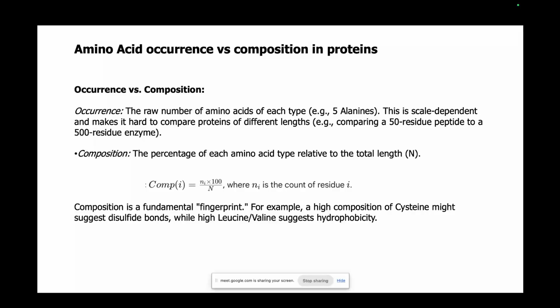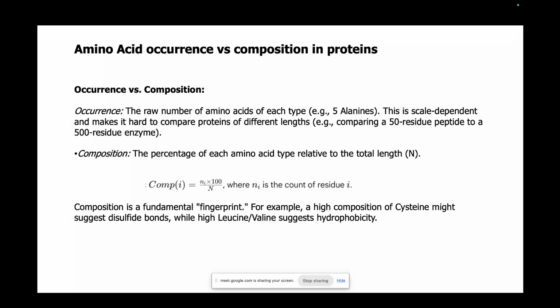So, for example, if the protein has a length of 200 polypeptides, and out of that, five are, say, alanine, five are tyrosine, 10 are tryptophan, and so on and so forth. Just the raw numbers denote the occurrence of the particular amino acid in the protein.